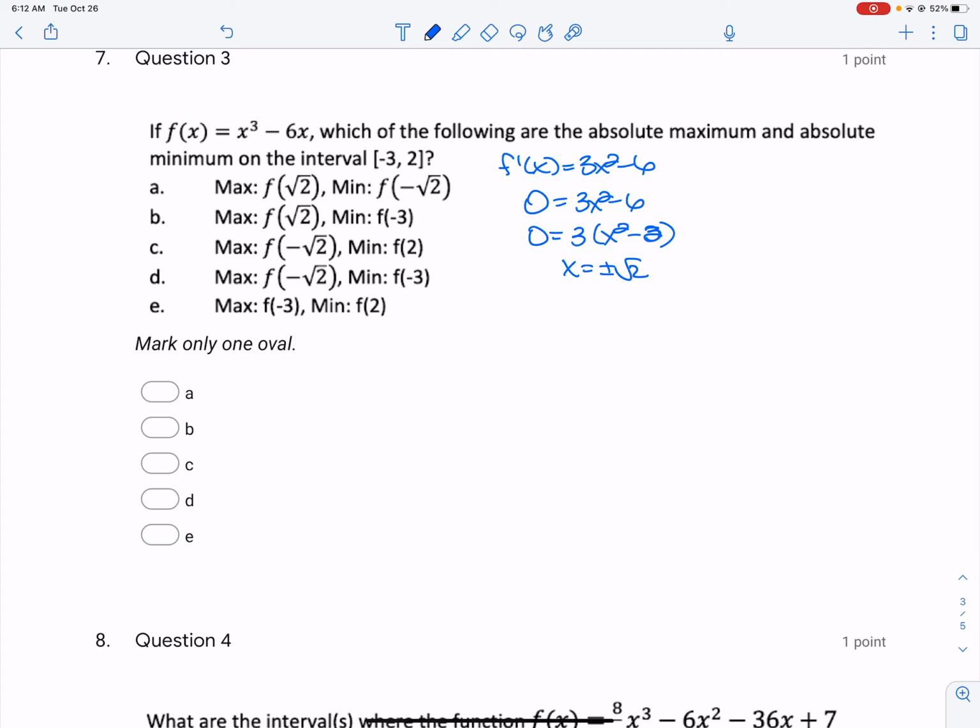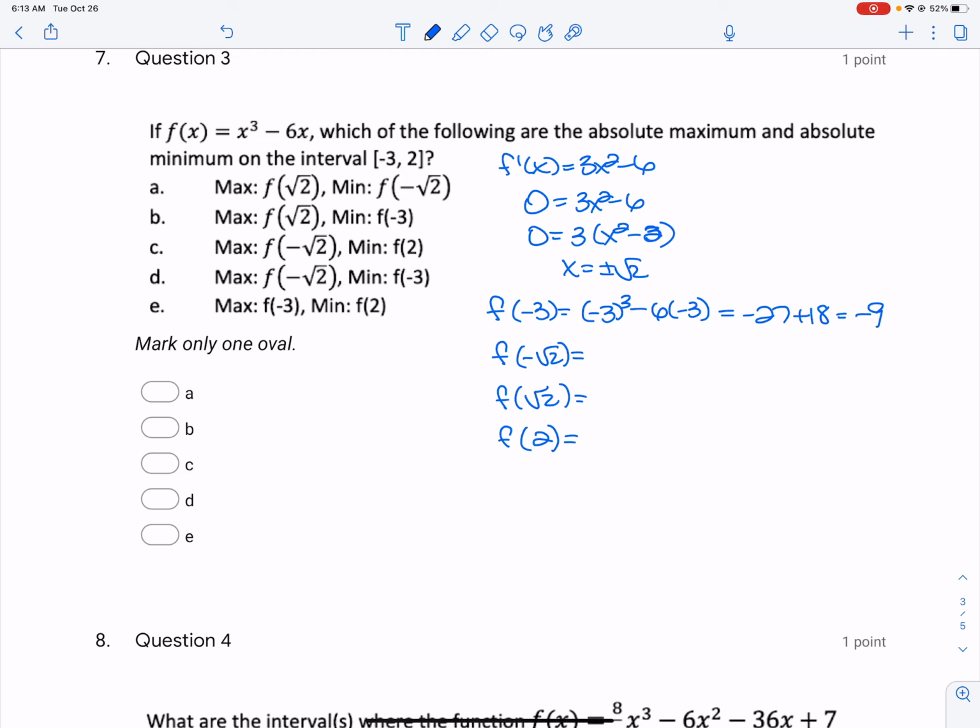And then because I want absolutes, I'm looking at what f of negative 3 is, what f of negative root 2 is, what f of positive root 2 is, and what f of 2 is. So f of negative 3, so negative 3 cubed minus 6 times negative 3 gives me a negative 27, and then plus 18, which is a negative 9.